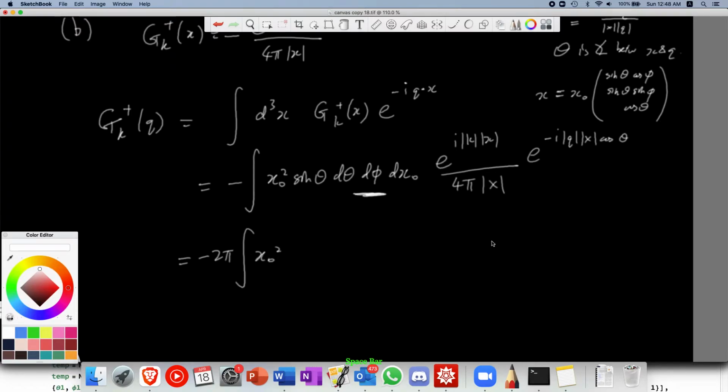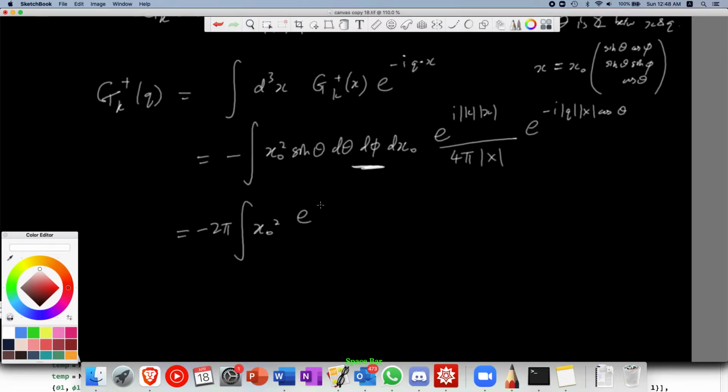Okay, let's rewrite it first. So I like to write it in a nicer form. Over 4 pi, and this one is over x, and then over here we have sine theta d theta.